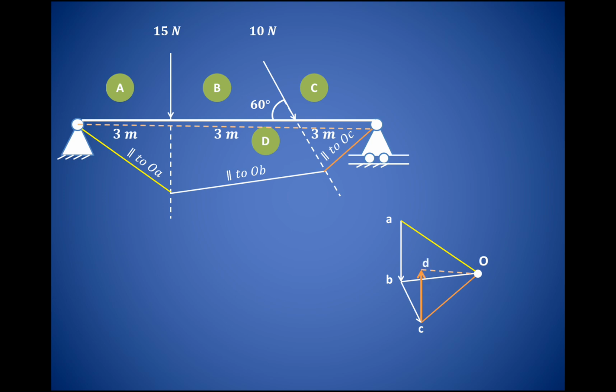Wherever these two intersect, that will give us the point D. Now join D with A. As per the Bow's notation, CD represents the reaction at the roller support and DA represents the reaction at the hinge support.